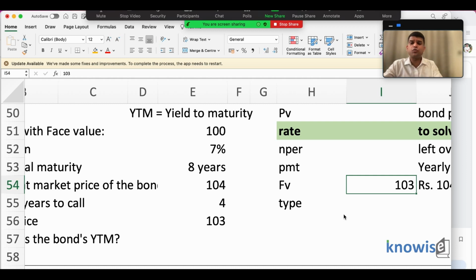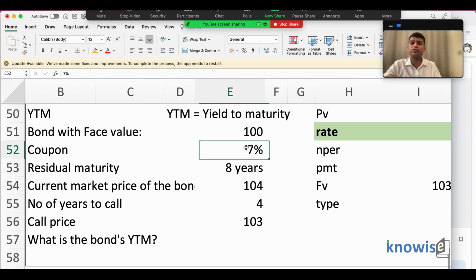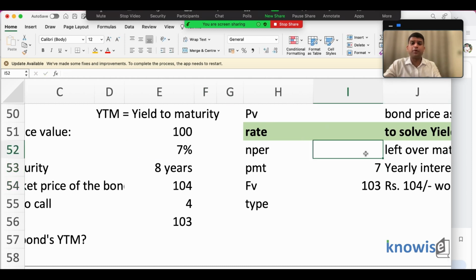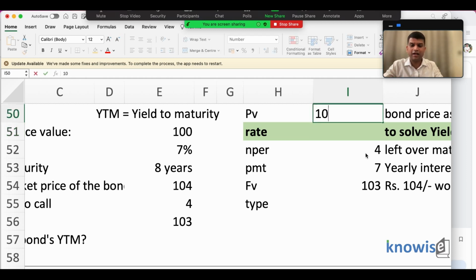How much interest would you earn? You would earn interest of 7%. 7% on what? It is always on face value, that is 7 rupees. N per, how much would you consider as the number of years, 8 or 4? We are considering call, so it has to be 4. We are supposed to solve rate, and the bond is traded at 104 rupees.